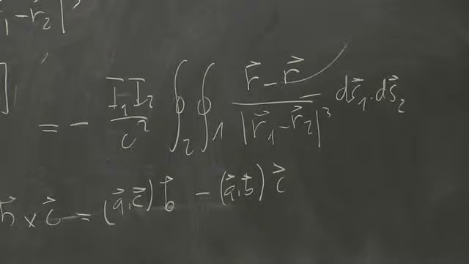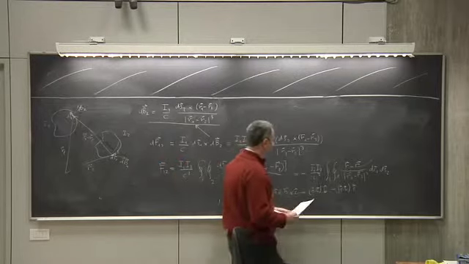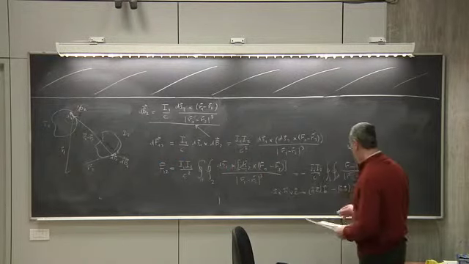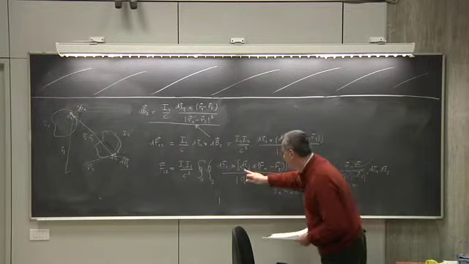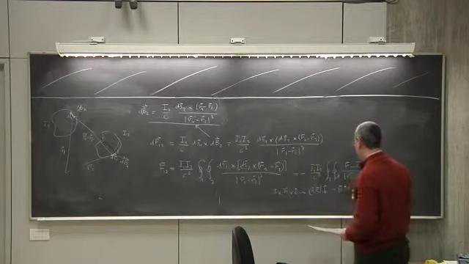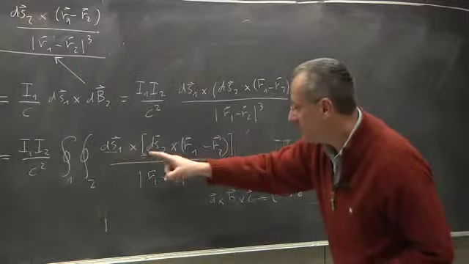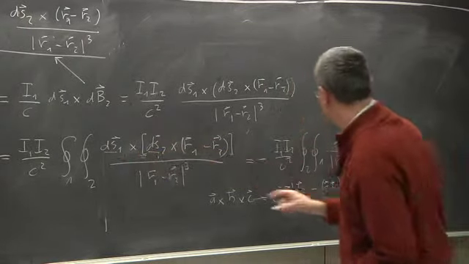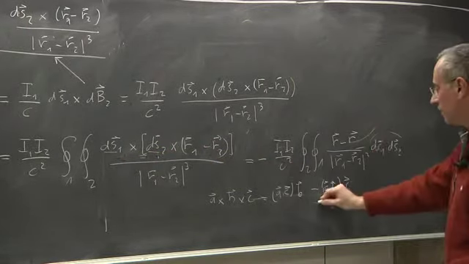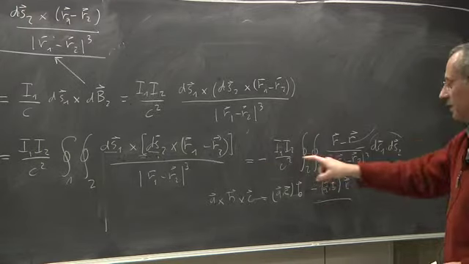Any objections? How did I get that last step? Do you see that right away, or should I explain? Because this gives two pieces, right? So A, B, C. That is this piece here, because A dot B is this term here, and that's why it has a minus.